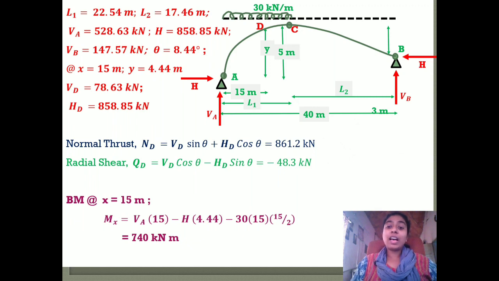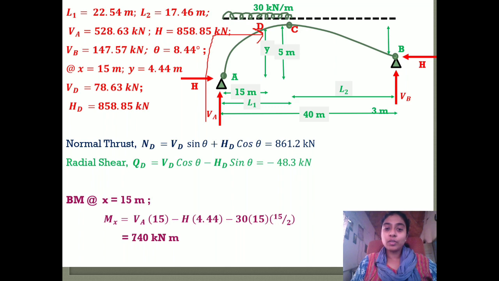Now the last part of this problem, that is bending moment at section X, where x is equal to 15 meter. Considering the left, for bending moment, left clockwise is positive and left anti-clockwise is negative. So left clockwise, VA into 15, is positive.